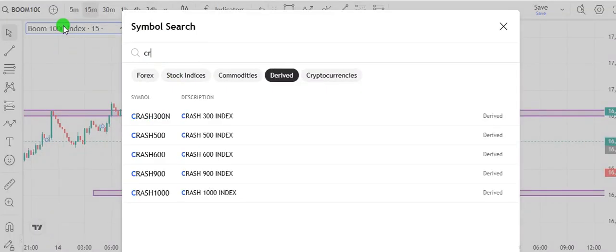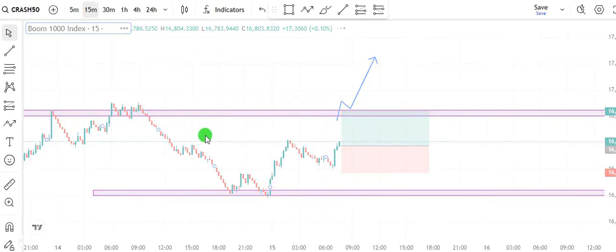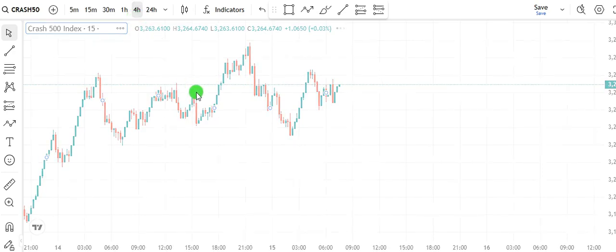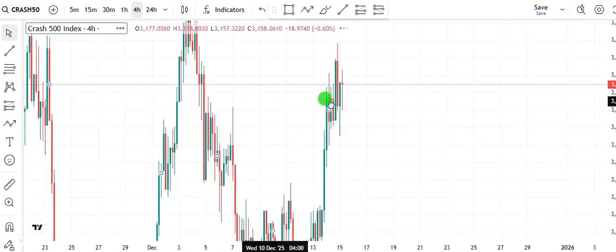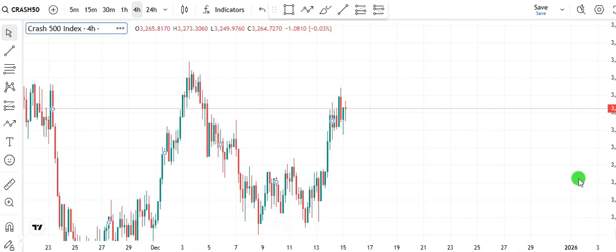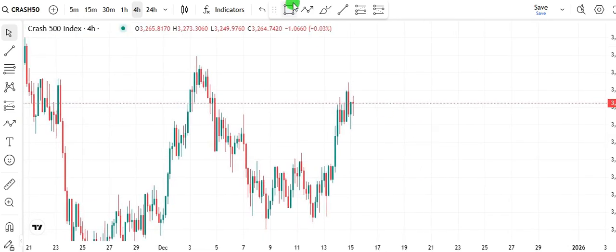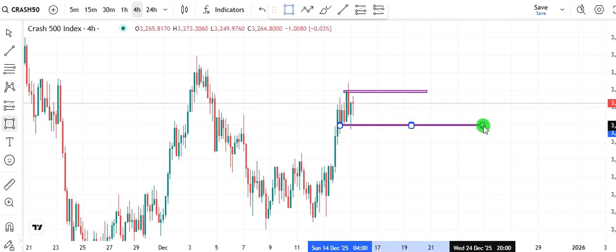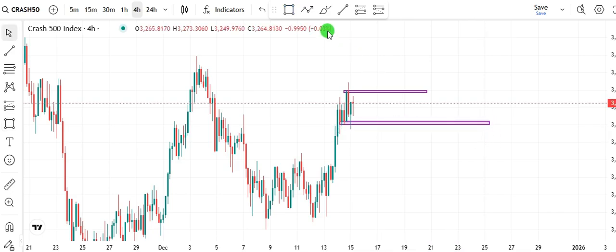So let's go to Crash 500. On Crash 500, let's go to H4 once again. I think this market seems to be giving a little bit of confusion. I say confusion because I think I'll just be staying out of this for today.